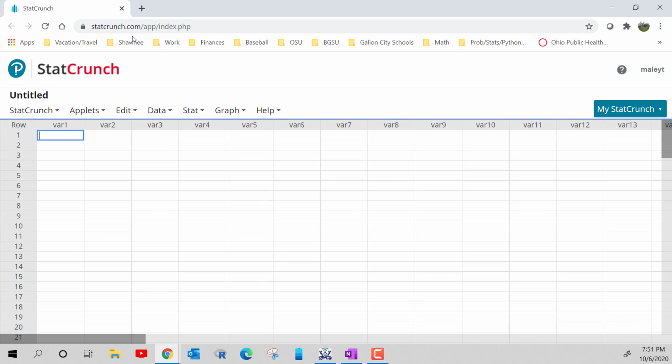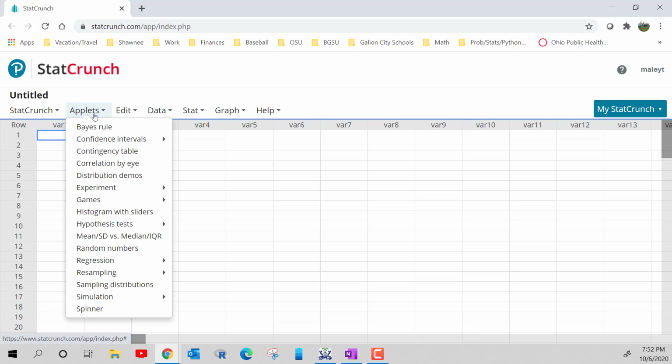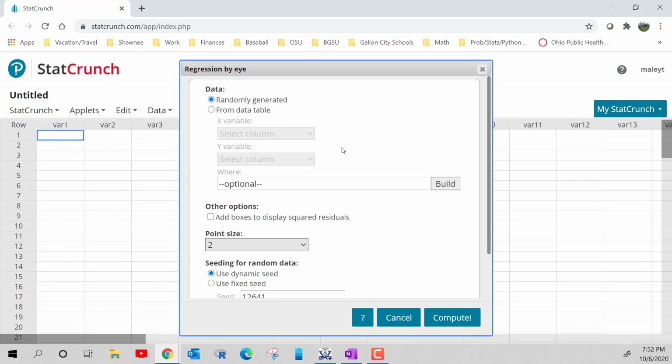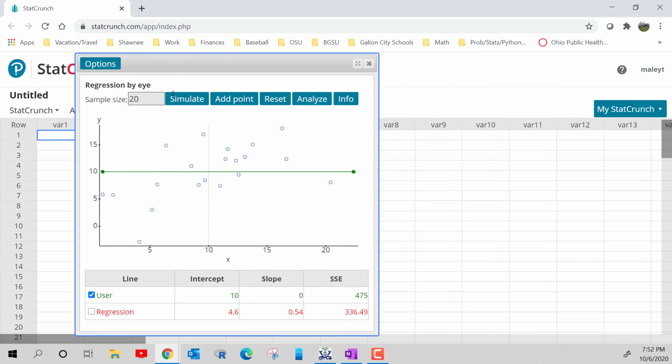I have StatCrunch open, and it tells us what to do. It says go to Applets, then Regression, then By I, and hit compute. It randomly has some points in here. It tells us to hit reset and then add 8 points.